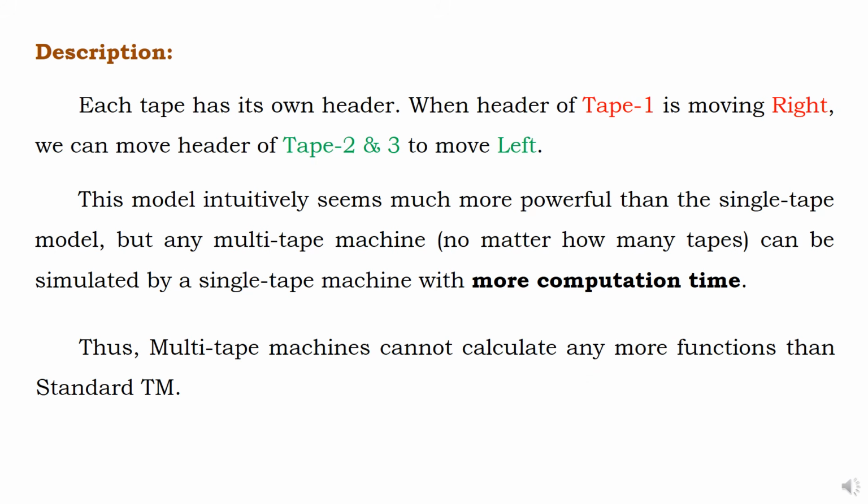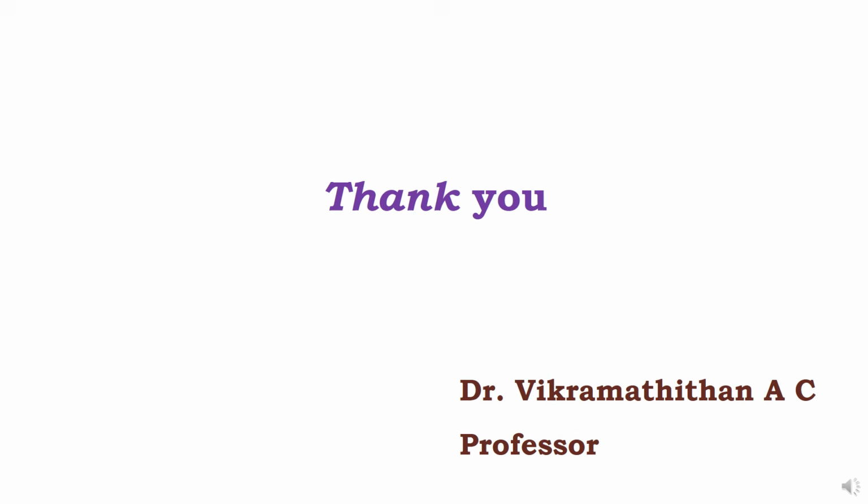It is not like that. Whatever work a standard Turing machine does, a multi-tape machine can also do. With this, I would like to conclude this extension of the Turing machine, and we will also discuss some more extensions in the next video. Thank you.